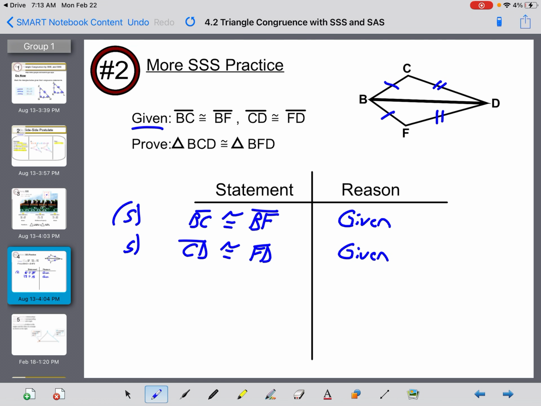So we have one side, here's S. We have a second side, and now we just need the third. Well, the third side is side BD, which both triangles share. So I can set BD congruent to itself. And now it's not a given statement anymore. When something's congruent to itself, we place an X on it because it is reflexive.